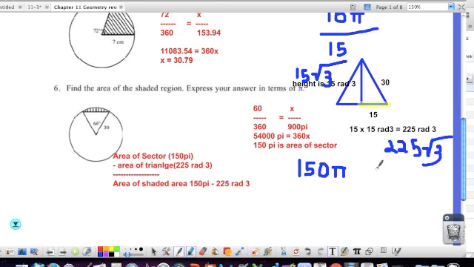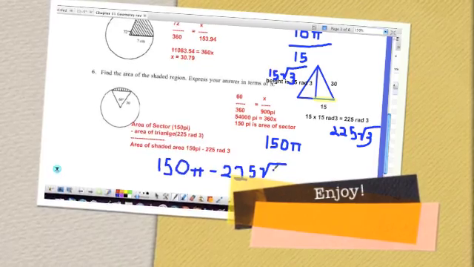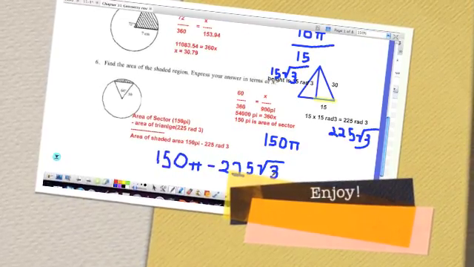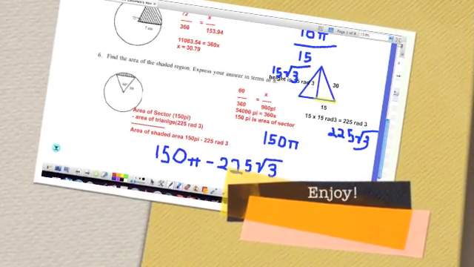They're not common terms, and they want to keep this in terms of pi and in radical form. So our answer literally is 150 pi minus 225 square root of 3. And those are your answers for problems 1 through 6.